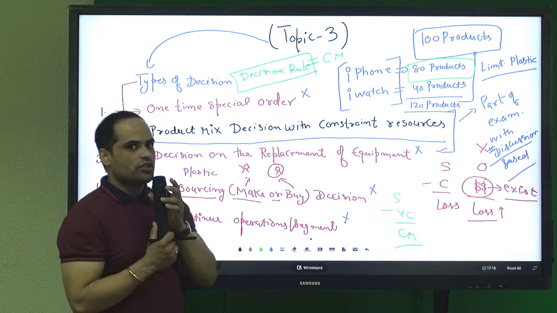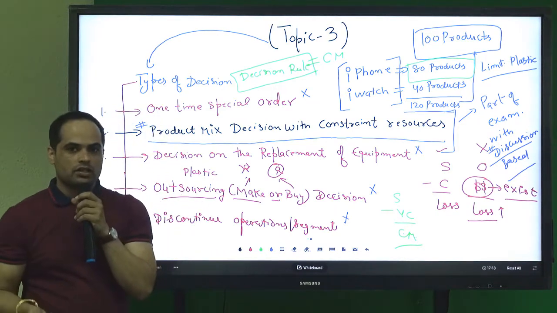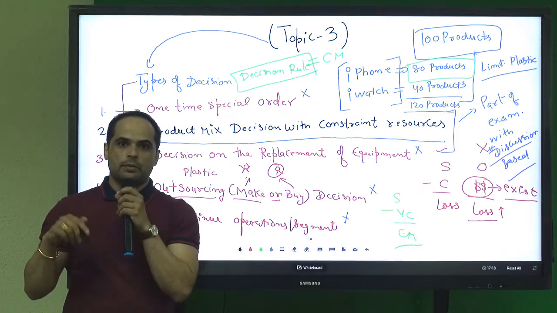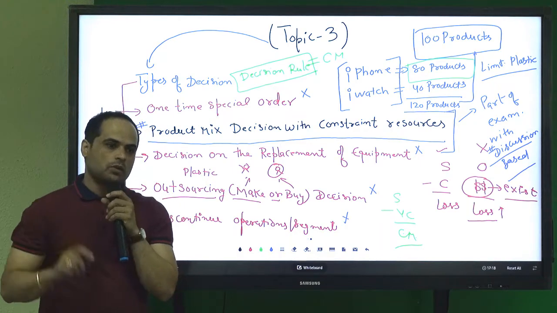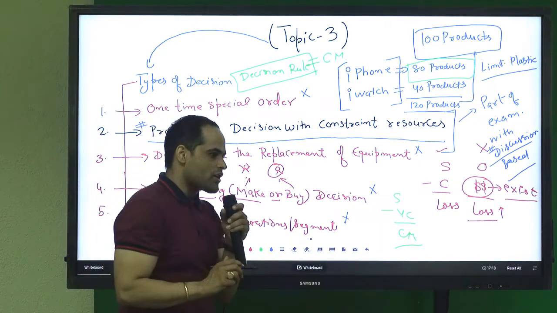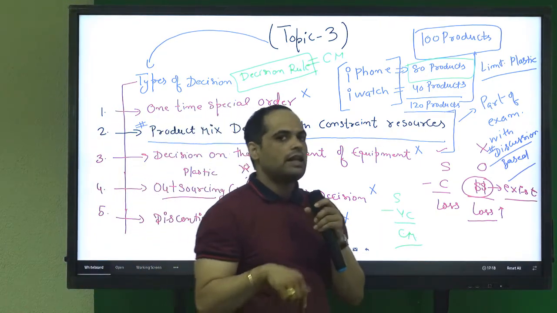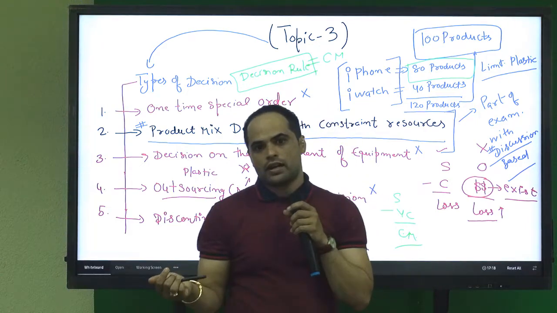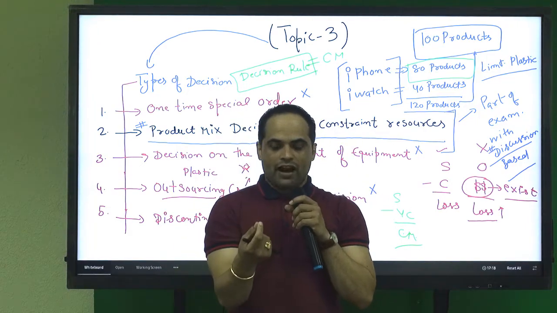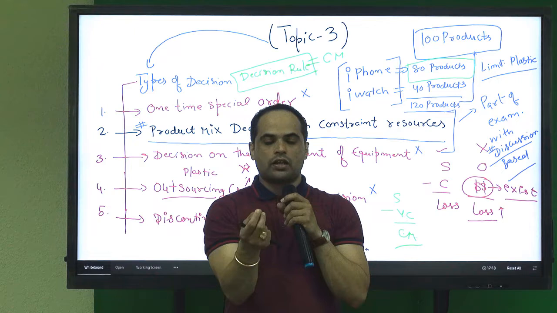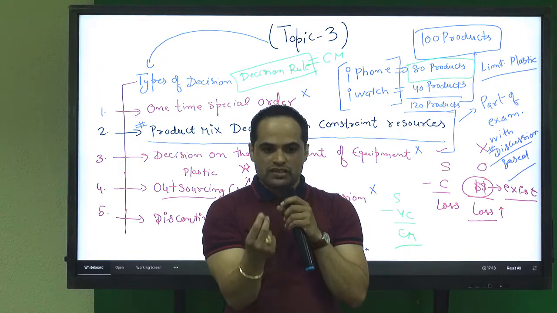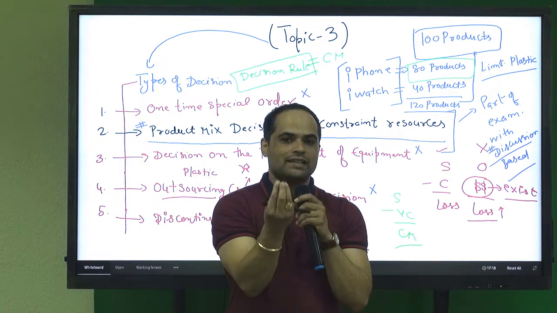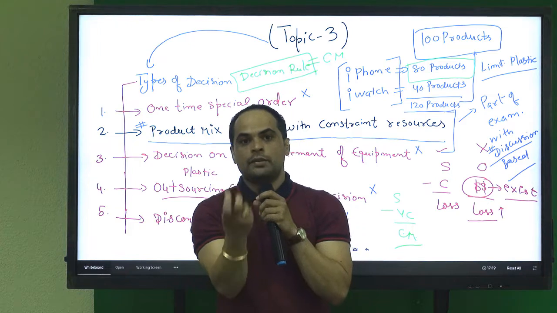So by looking at the contribution margin, we're going to decide which product is more profitable for the organization. But keep in mind, contribution margin per limiting factor. Because we have to use that limiting resource economically, as it is in limited quantity.